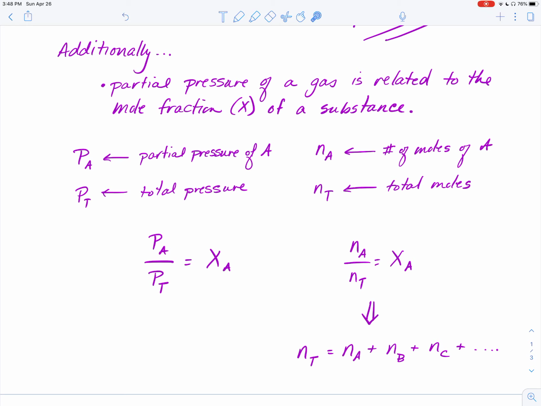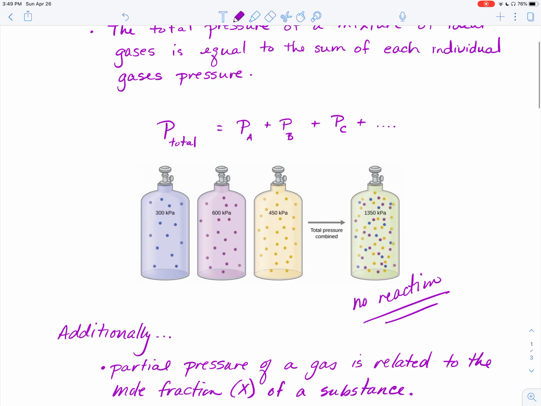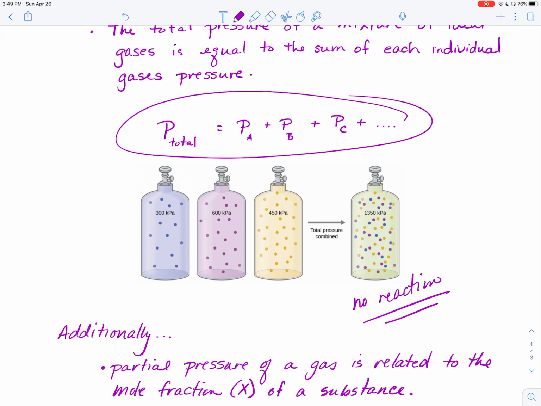Keep in mind that we could potentially need this equation here: the partial moles summing up to the total moles. We might need the mole fraction calculated using moles. We might need the mole fraction calculated using partial pressures. And we could potentially need the equation of partial pressures of individual gases.